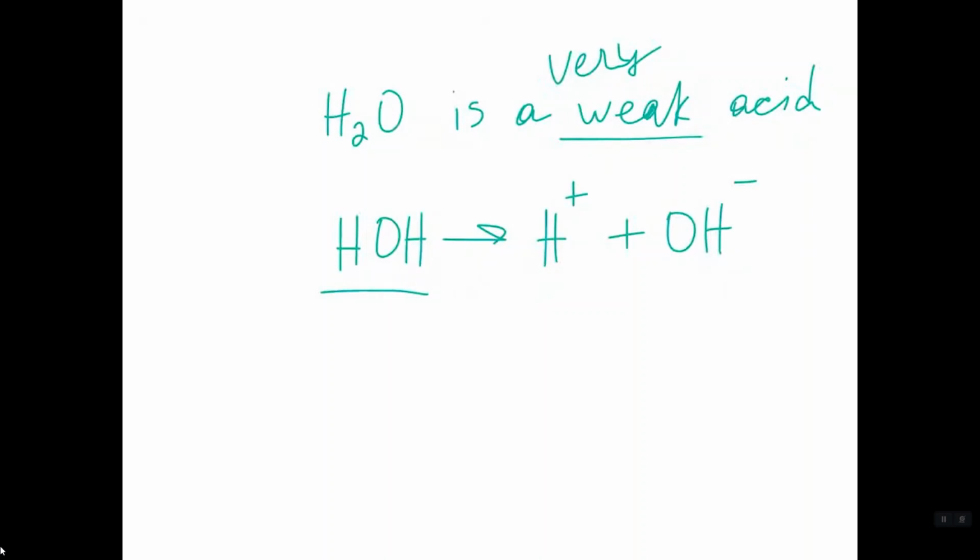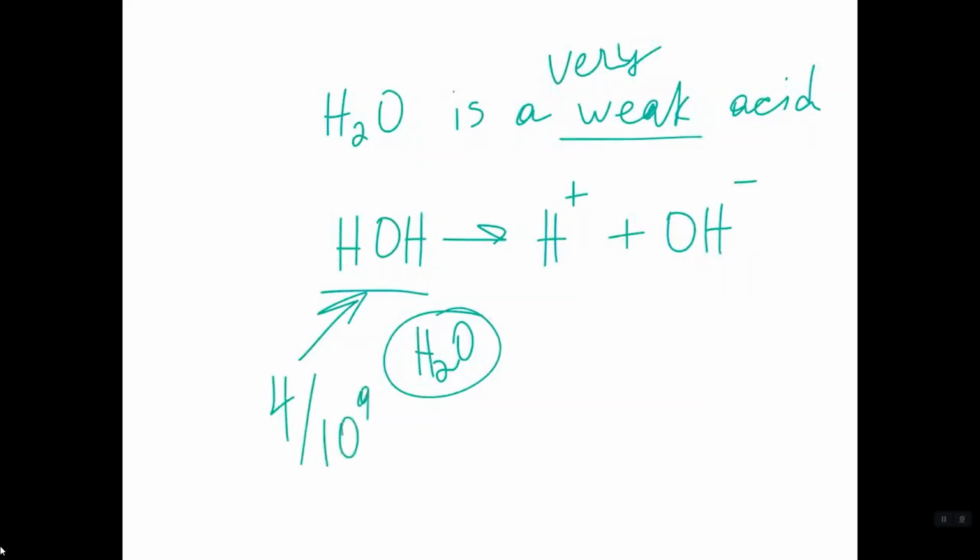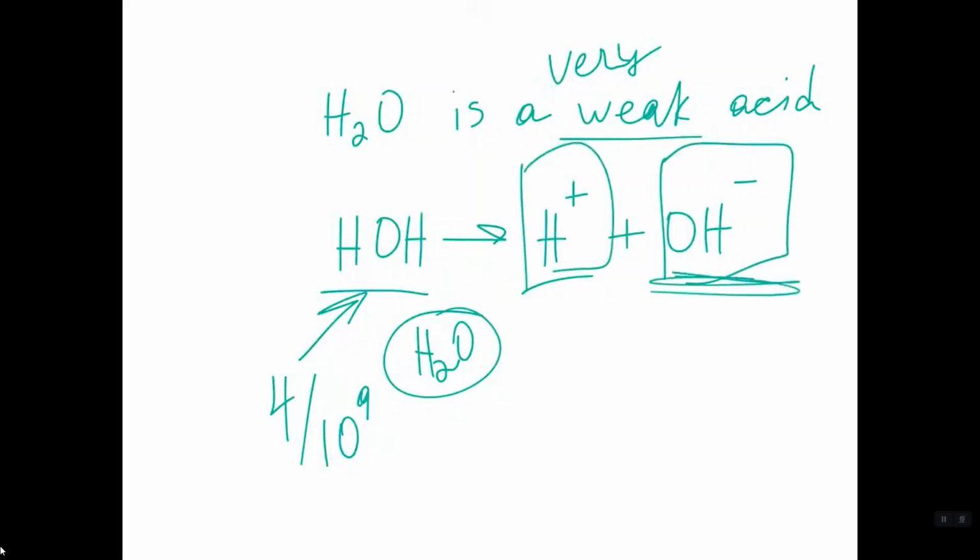The rest, practically 1 billion of them, are going to stay as H2O. They stay intact. But 4 out of 1 billion, billion is 10 to the 9th, are going to break down to produce this. You can also see that it produces not only hydrogen ion, but also hydroxide ion.